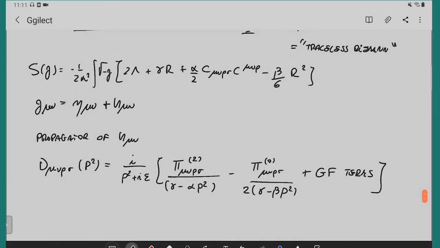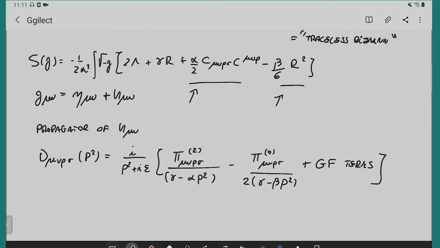So the reason why I choose this parameterization with Weyl and R is because then the parameter in front of Weyl squared, alpha, will appear alone in this denominator, and the beta will appear alone in this denominator. Otherwise, they are mixed up a bit. So this is a better way to see the propagator.